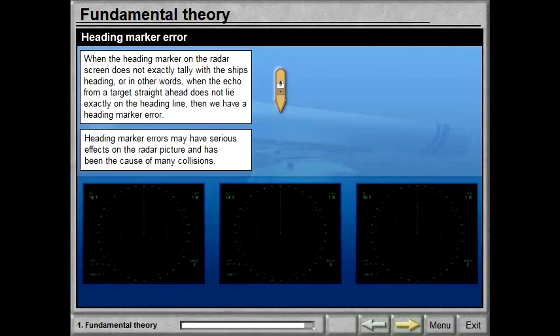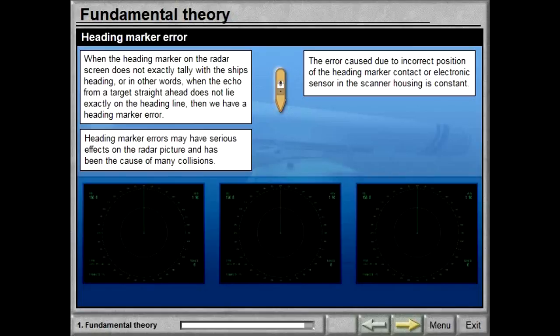Naturally, this error should be paid attention to and checked regularly. The error caused due to incorrect position of the heading marker contact or electronic sensor in the scanner housing is constant.